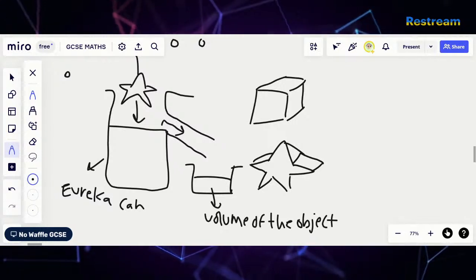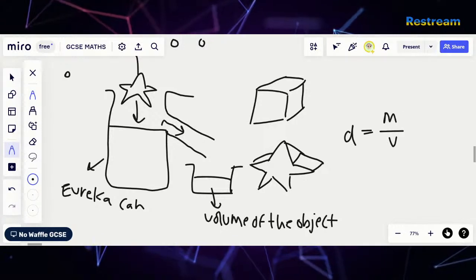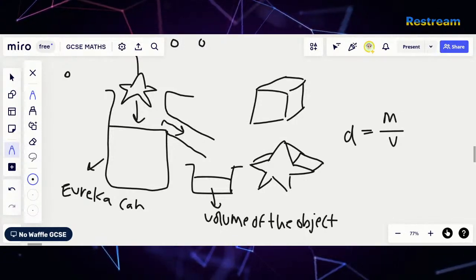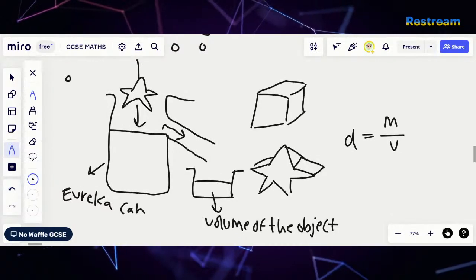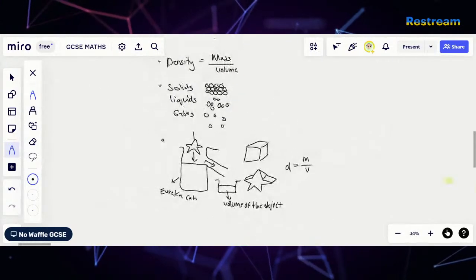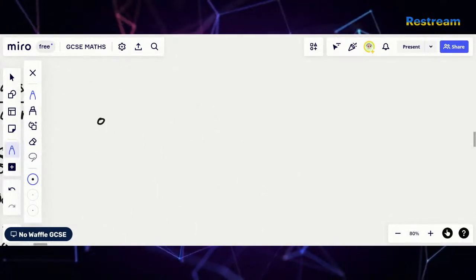Once you know the volume of the object and you can measure the mass, we know that density is equal to mass over volume, so you can easily work it out. That is a required practical, but there's not much to learn about it apart from the function of the eureka can.